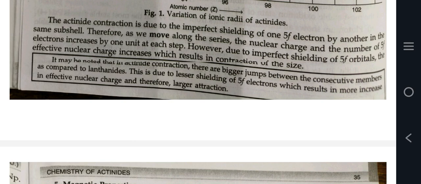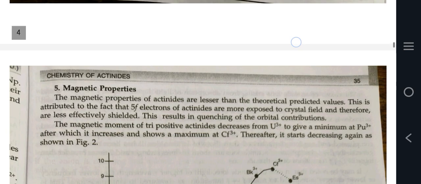It may be noted that in actinide contraction, there are bigger jumps between consecutive members as compared to lanthanides. This is due to lesser shielding of 5f electrons, which results in more increase in effective nuclear charge and therefore larger attraction.